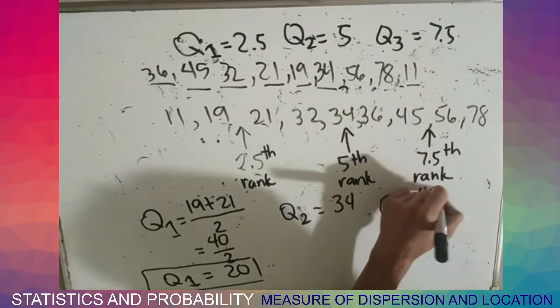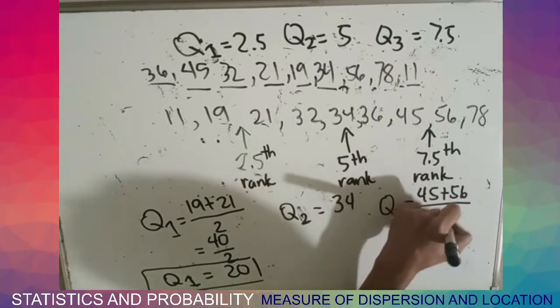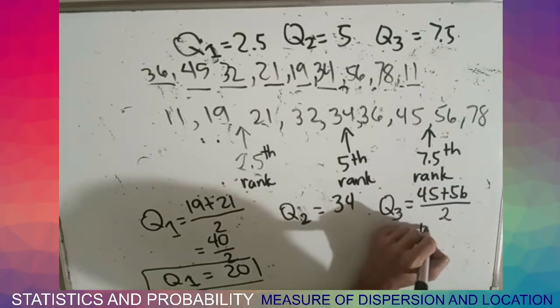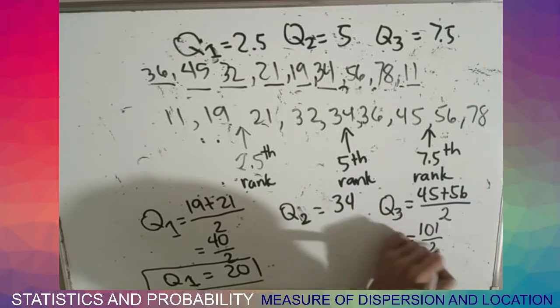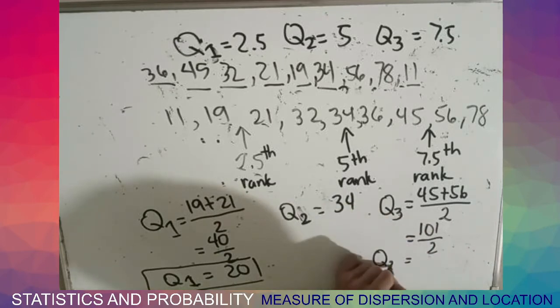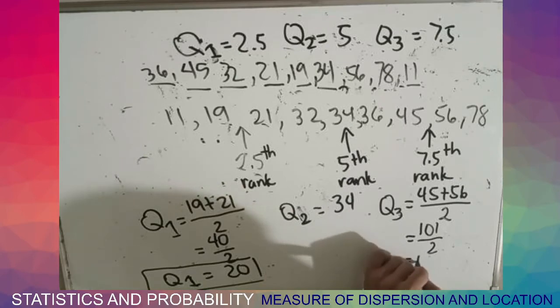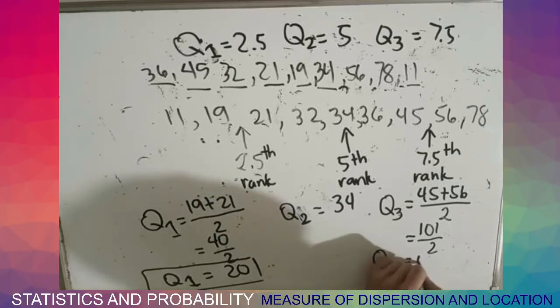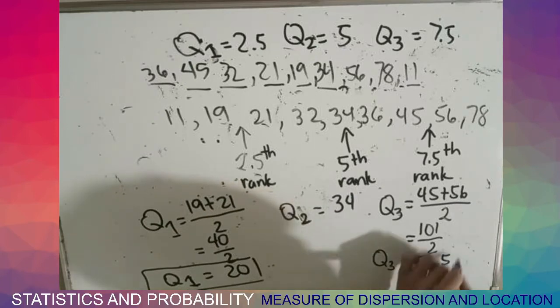So, 45 plus 56 divided by 2. 45 plus 56 is 101. Divided by 2, ang sagot ay 50.5.